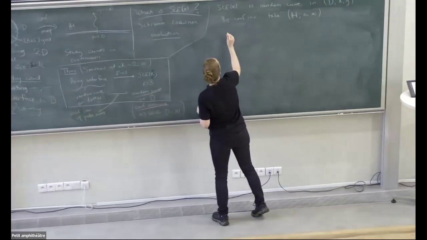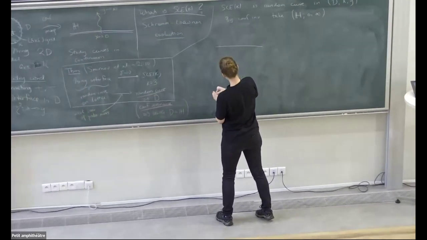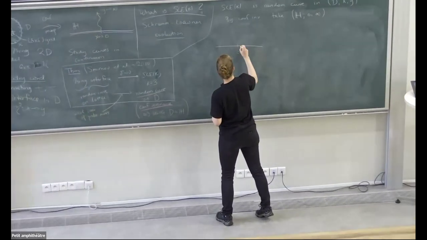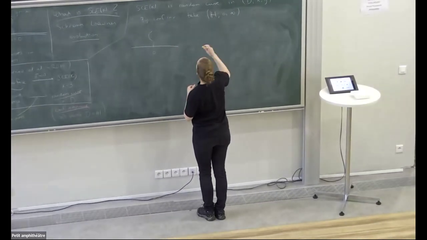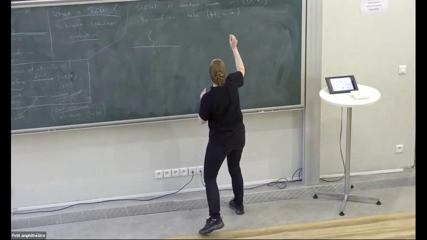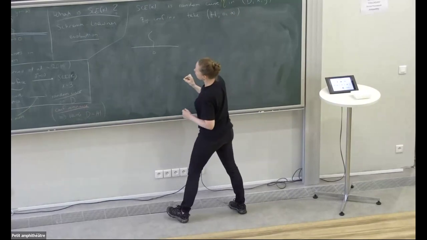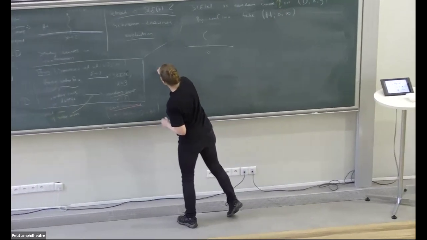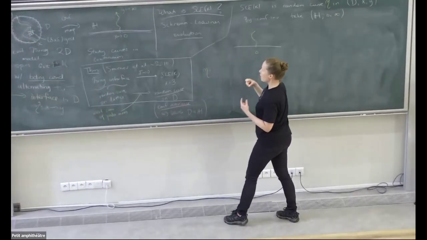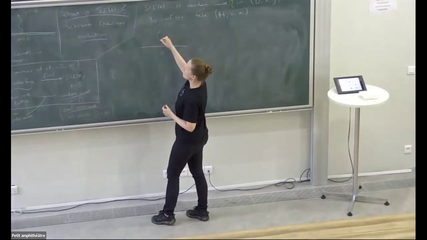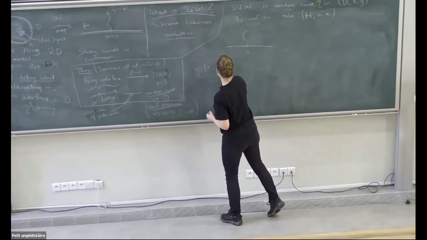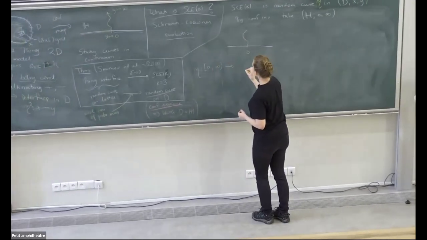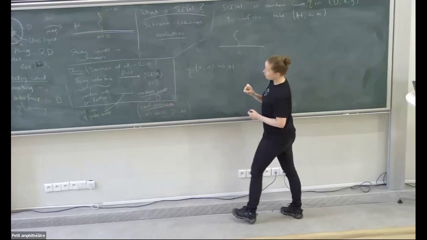Let me draw the picture again. Let's call the curve, I think it was eta. So eta, I have some kind of parametrization from the evolution. So it takes time variables and goes to the plane.